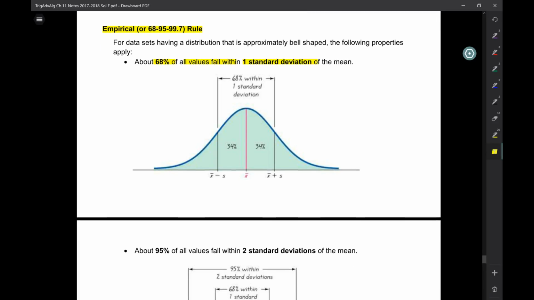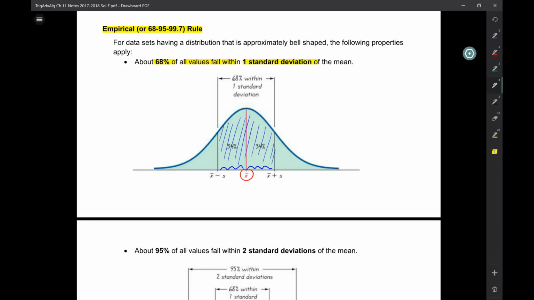This is the mean, and suppose the standard deviation is this much, S. If you go S units away in both directions, all of the data that falls within that region is 68% of all of the test scores. So if 100 people took a test.